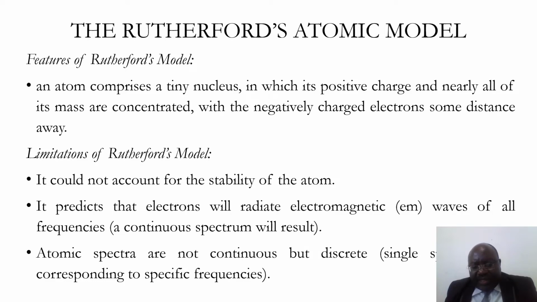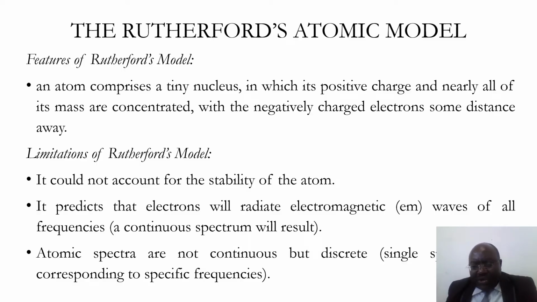Two, it predicts that electrons will radiate electromagnetic waves of all frequencies, which will result in a continuous spectrum. But what is known is the following: atomic spectra are not continuous but discrete. They normally radiate electromagnetic waves in what we call discrete portions corresponding to specific frequencies.